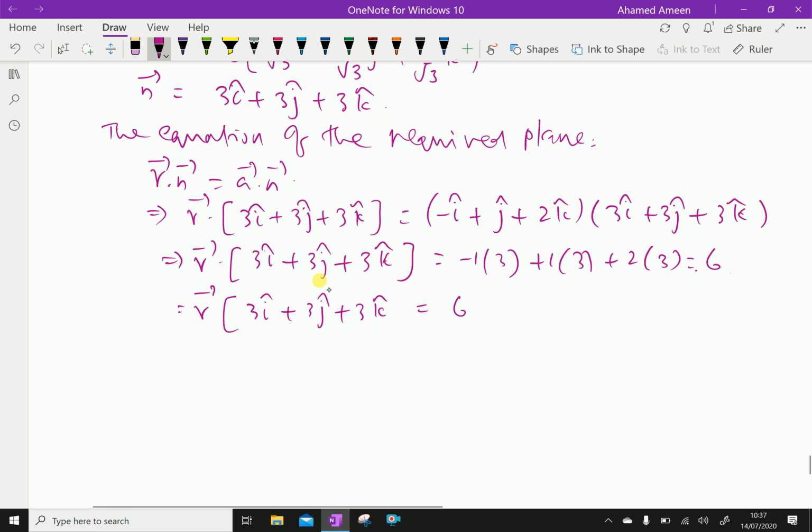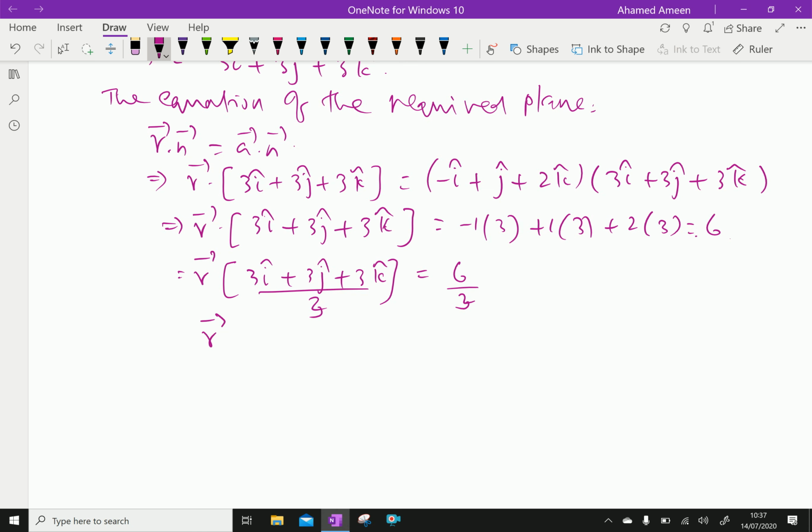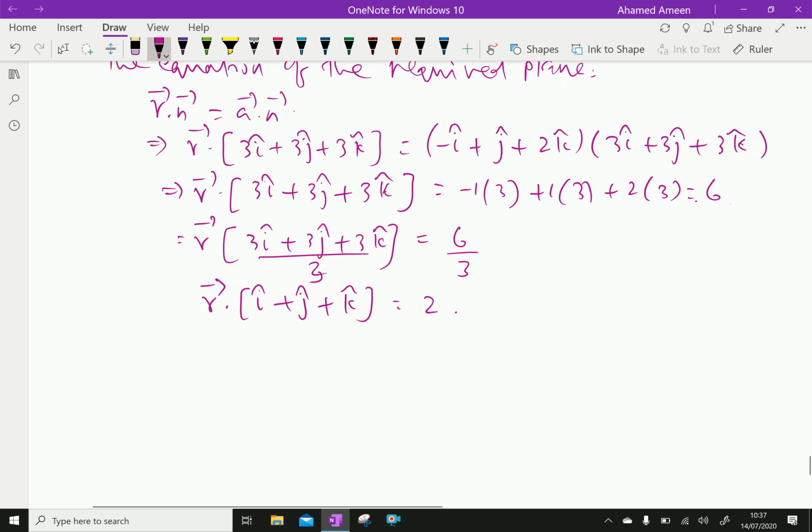So we have to divide both sides by 3. Now r vector dot i plus j plus k equals 2, because dividing by 3, 6 divided by 3 is 2. Therefore we got the vector equation.